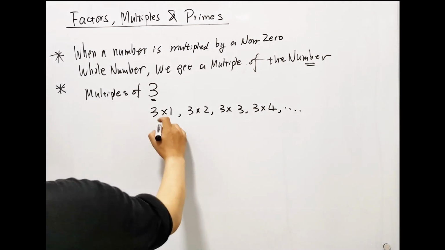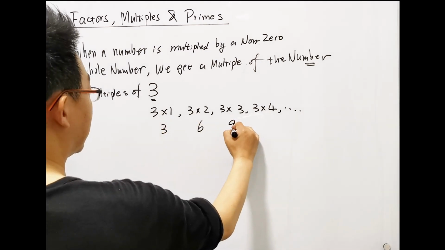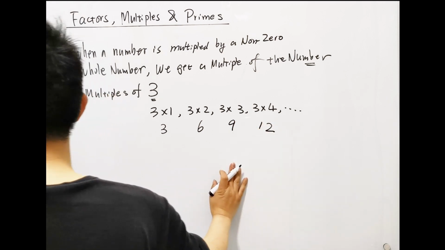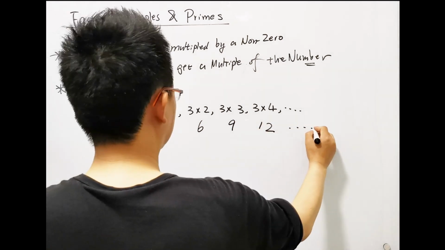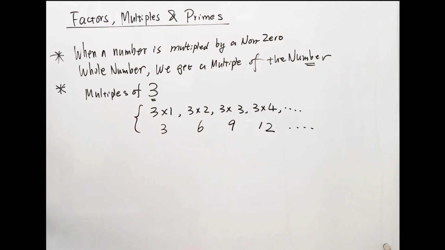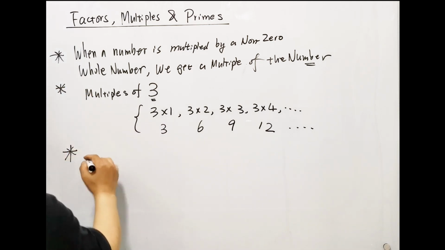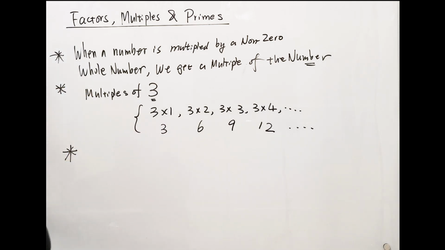So what we get is number 3, number 6, number 9, number 12, and so on, continue. So in this case, we can find out something interesting.